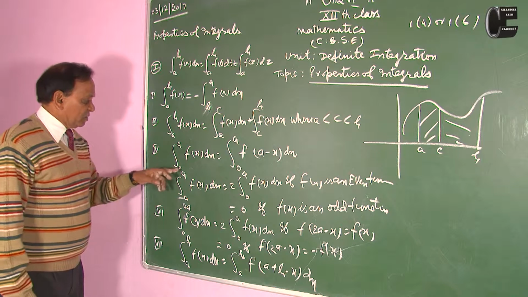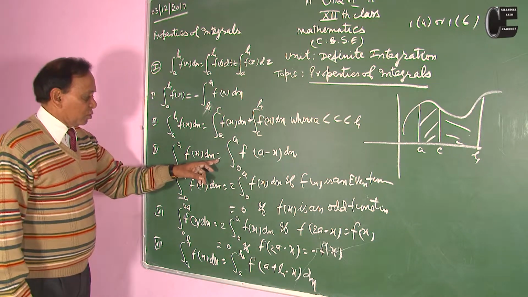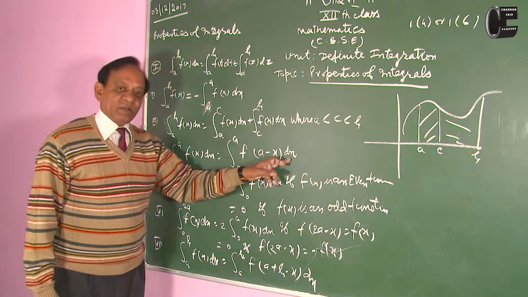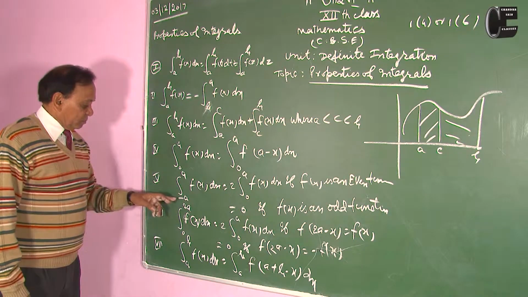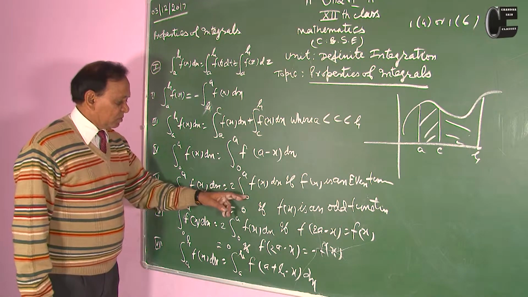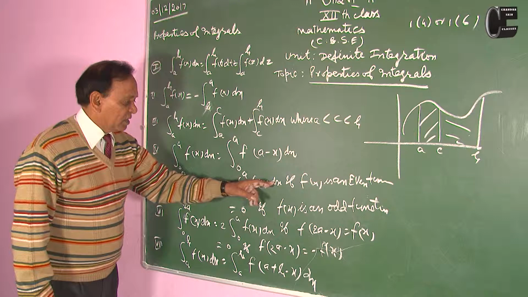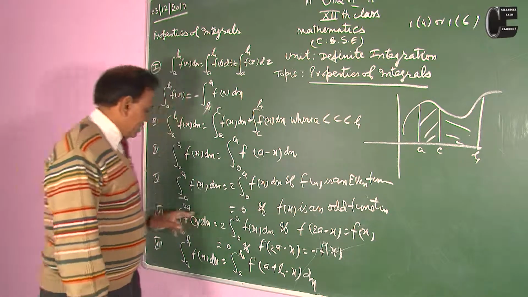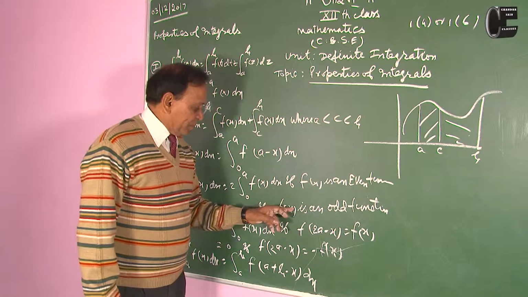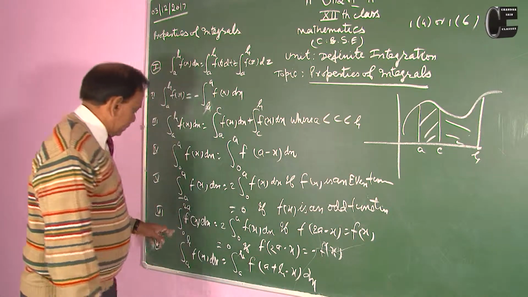Fourth property: integral 0 to a of f(x) dx equal to integral 0 to a, in place of x put a minus x here. Fifth property: integral minus a to a of f(x) dx equal to 2 times integral 0 to a of f(x) dx if f(x) is an even function, and its value will be 0 if f(x) is an odd function.